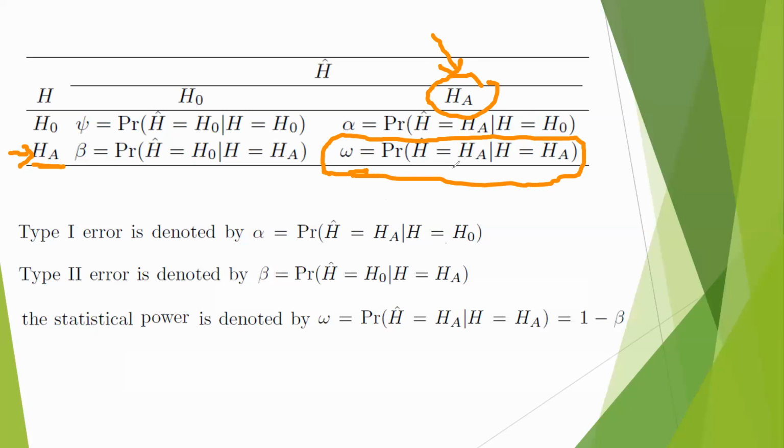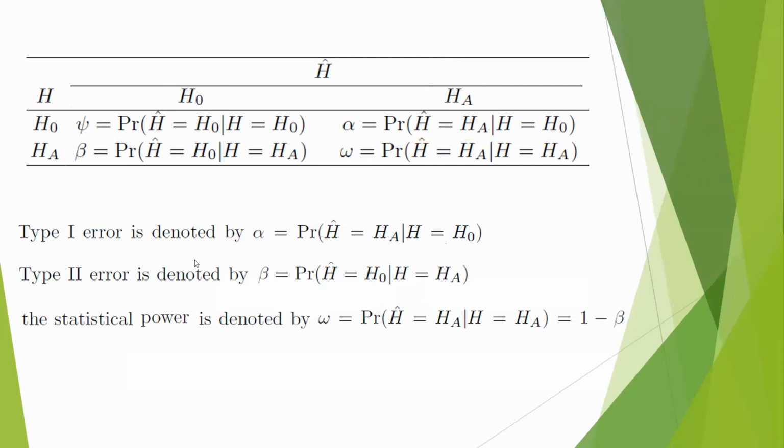So this part is the power. However, if the association exists but we fail to detect it, that's an error, the type 2 error. And this beta plus this omega, which is power, these two should add up to 1, right? And this phi and the alpha should add up to 1 too. Does that make sense? Okay. Any questions here?